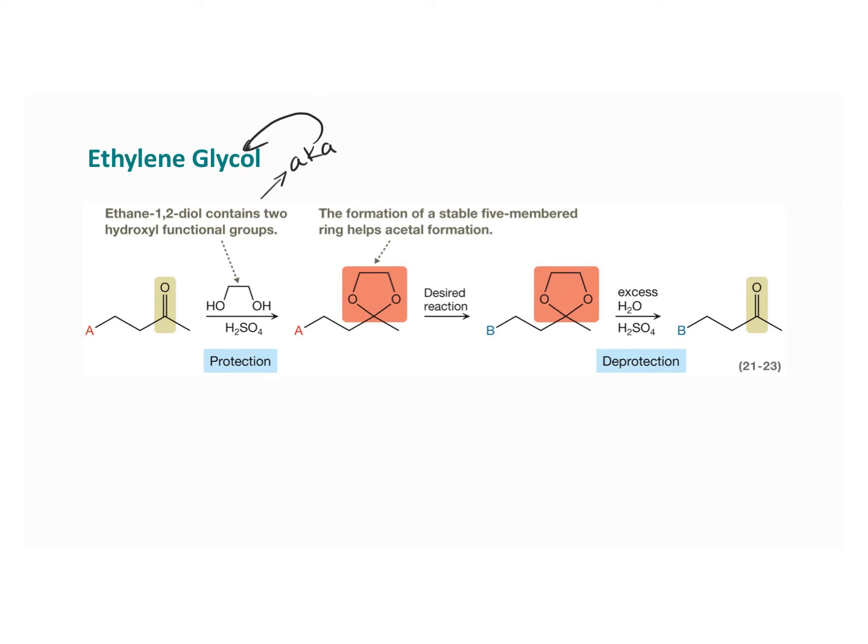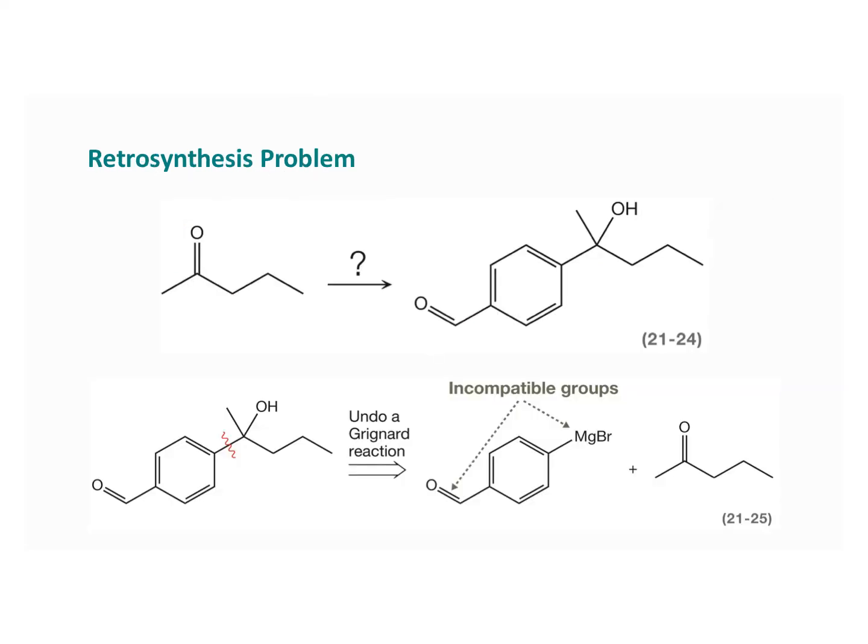And a mono alcohol, mono means 1, there's just 1 alcohol group. And so it reduces the amount of reagent we need. Another thing here is that the acetal it produces consists of a 5-membered ring, which is relatively stable, and so it favors the formation of that acetal. So very, very common, ethylene glycol.